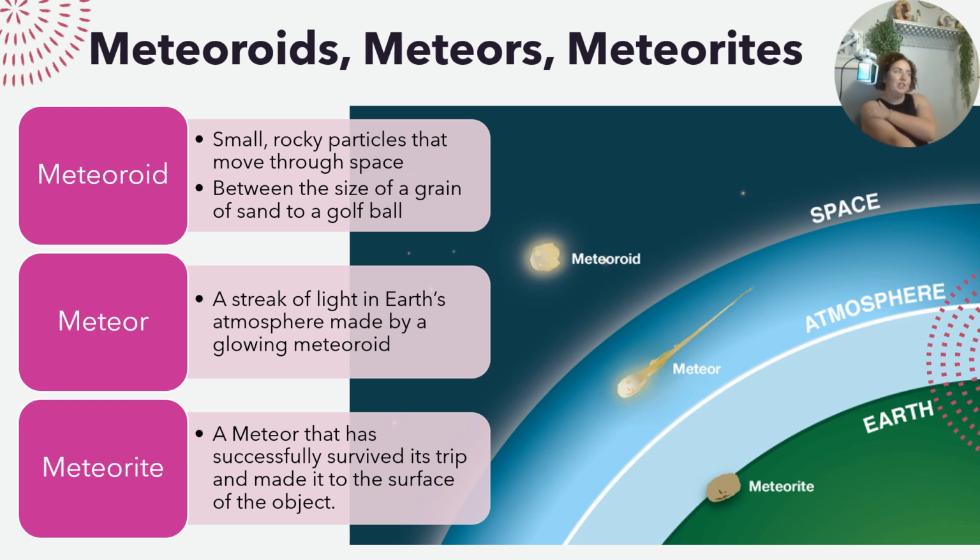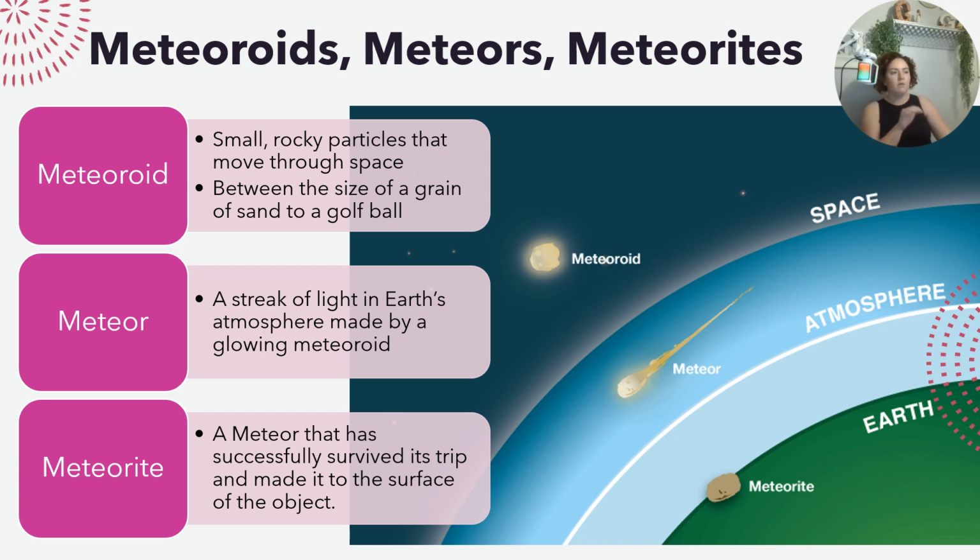Final objects within our solar system, and I say objects very loosely. This is one object, okay, a meteoroid, but it gets 3 different names depending on where it's located. So meteoroids, meteors, and meteorites are all the same thing, okay? So a meteoroid, let's just define it as itself right now.